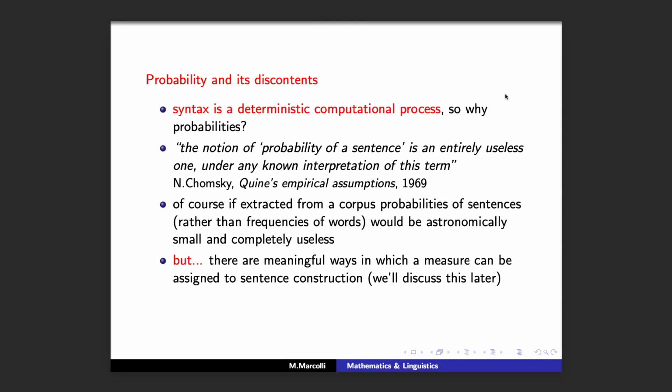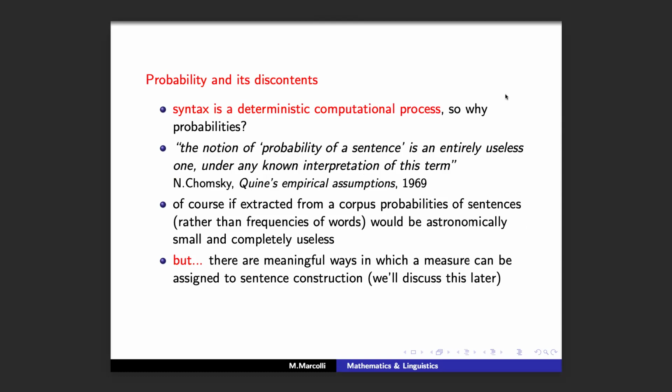Of course, there's some question overall about what the role of probabilities is in this analysis of how the generative process of language works. The calculation of syntax is a completely deterministic process. It has its own rules and it functions.